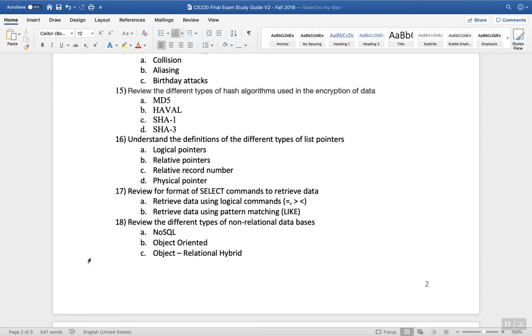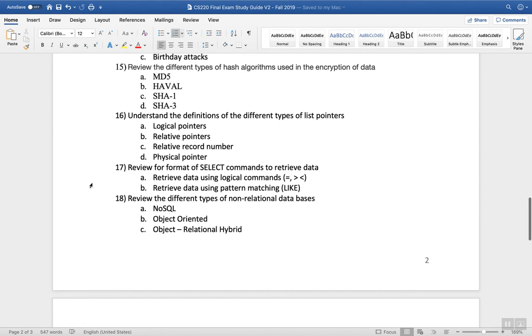We talked a little bit about the different types of commands, but you want to take a look at the select statements in particular, like how you would retrieve data using a select with a field name equal to a value, or, as we talked about, pattern matching. Pattern matching would be something along the lines of something is like something.